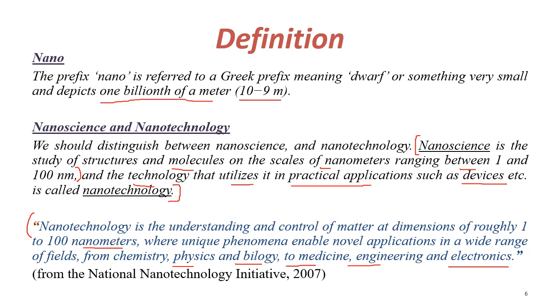The second issue has to do with novelty. Nanotechnology must deal with small things in a way that takes advantage of properties that arise because of this nanoscale. So these two things have to be taken into consideration whenever we are developing nanomaterials or utilizing them for making applications. That is nanotechnology.